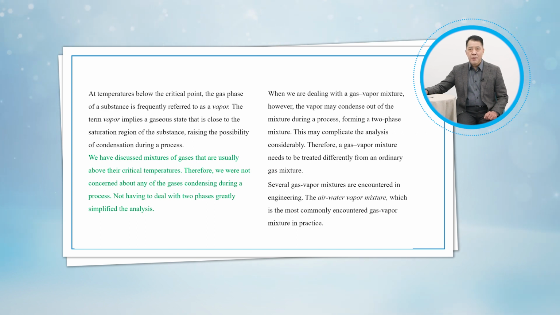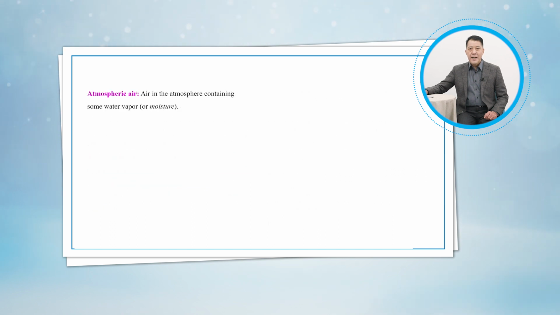Several gas-vapor mixtures are encountered in engineering. The air-water vapor mixture is the most commonly encountered gas-vapor mixture in practice. Air is a mixture of nitrogen, oxygen, and small amounts of some other gases.